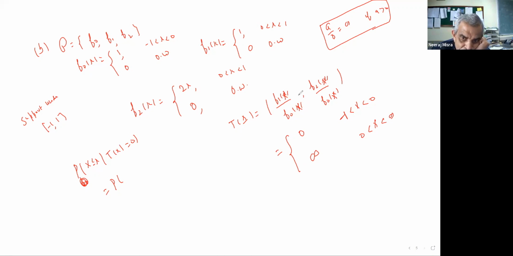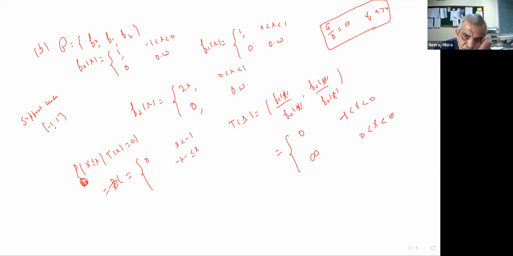T(x) is F1(x) upon F0(x), which means x is lying between -1 and 0. Because your random variable takes only values between -1 and 0, this would be 0 if x is less than -1.